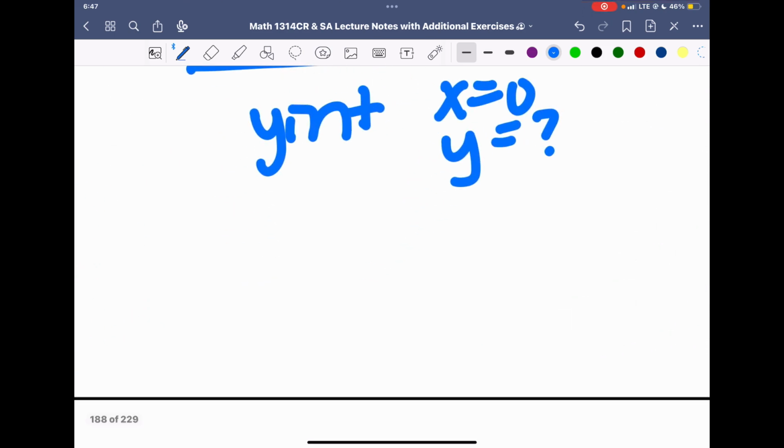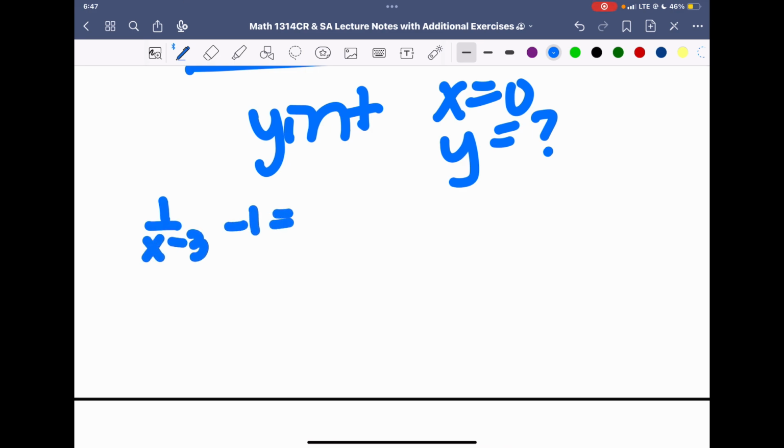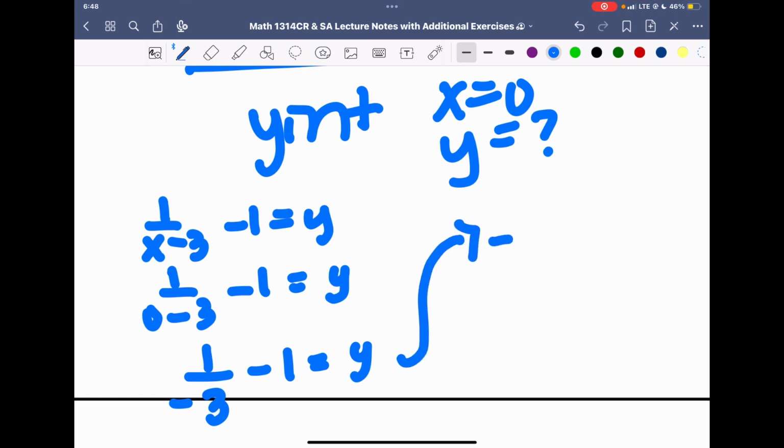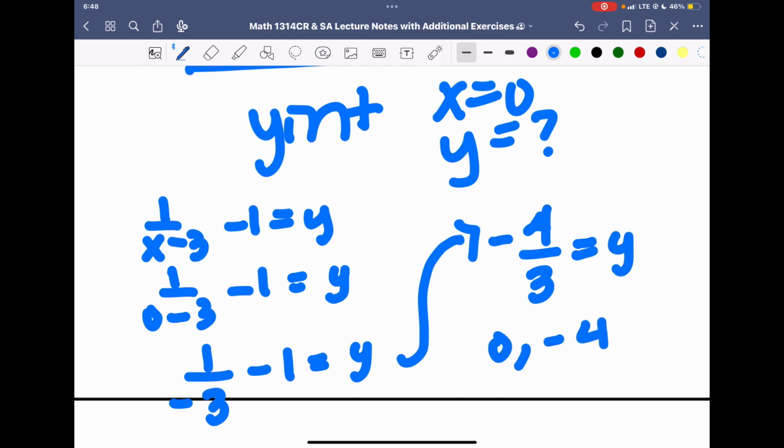So 1 over x minus 3 minus 1 equals y. 1 over 0 minus 3 minus 1 equals y. 1 over negative 3 minus 1 equals y. So that becomes negative 4 thirds. You're adding them together, equals y. 0, negative 4 over 3.